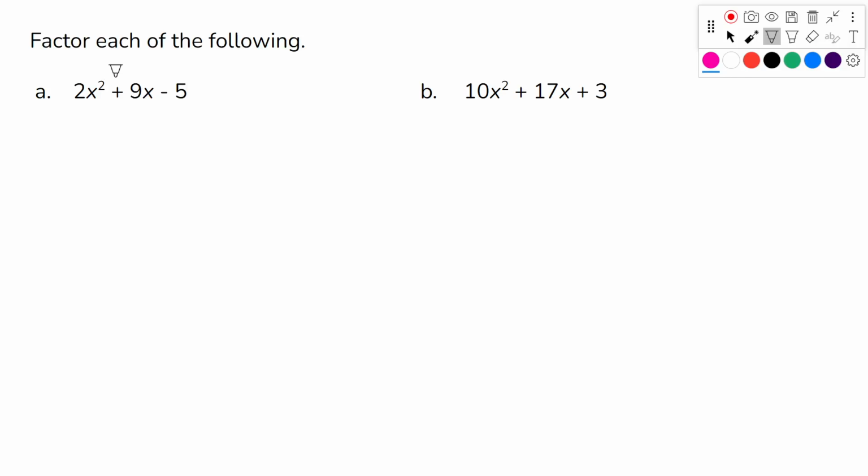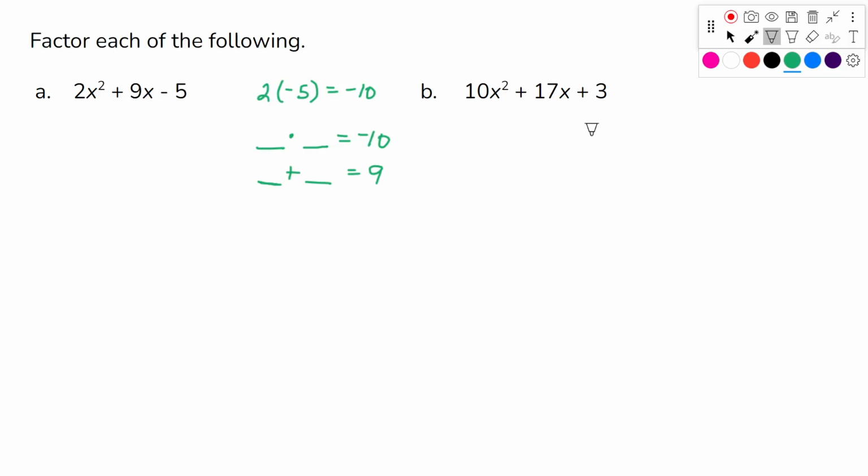So we have 2x squared plus 9x minus 5. The first thing I'm going to do is take 2 times negative 5 and see that I have negative 10. What I'm going to check is what times another factor will equal negative 10, but when adding the same two factors of negative 10, I will get 9, because that's my b value.